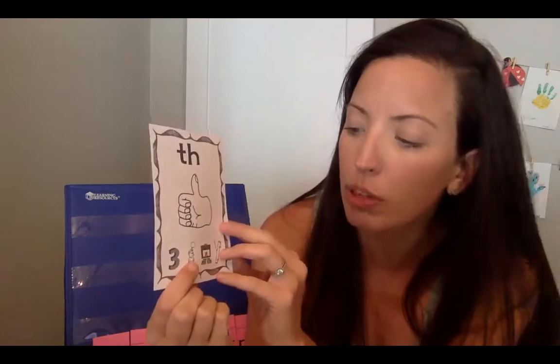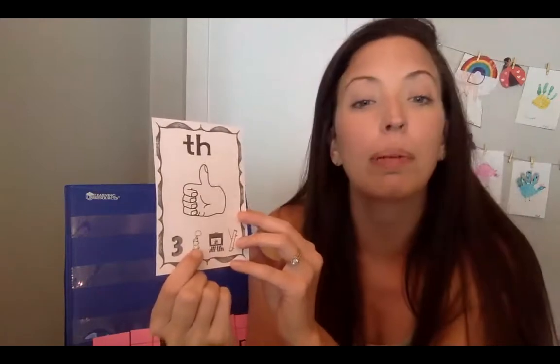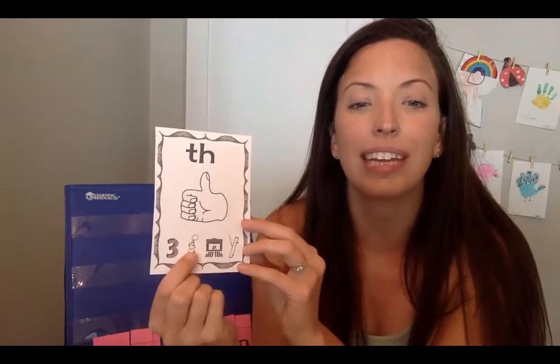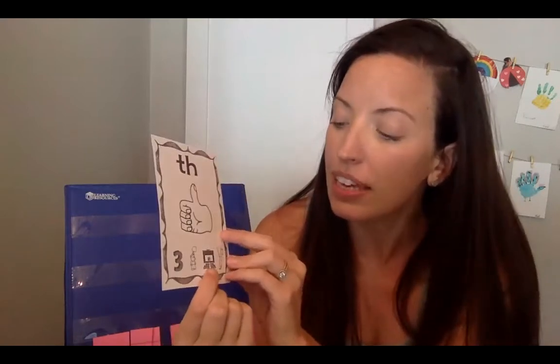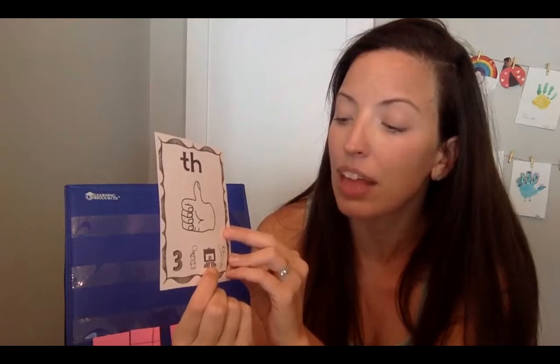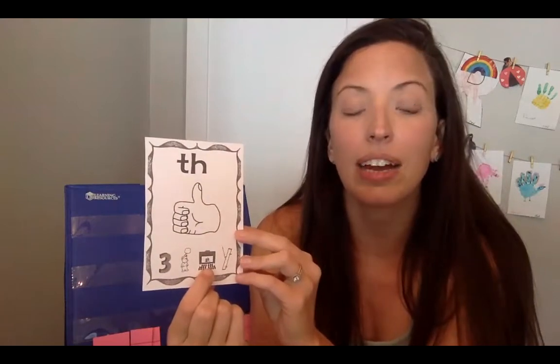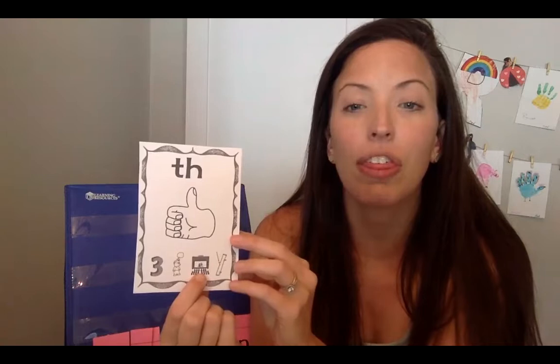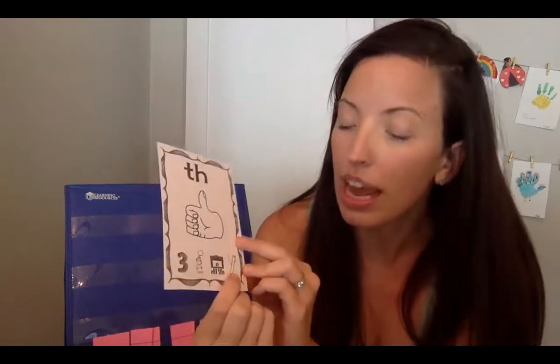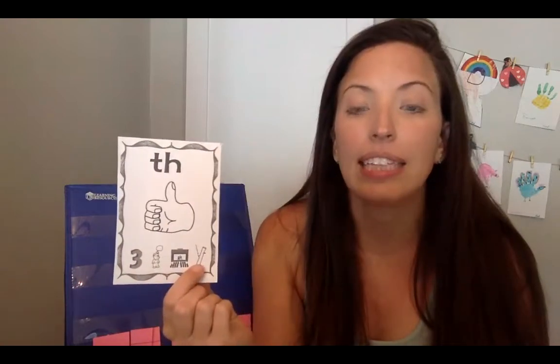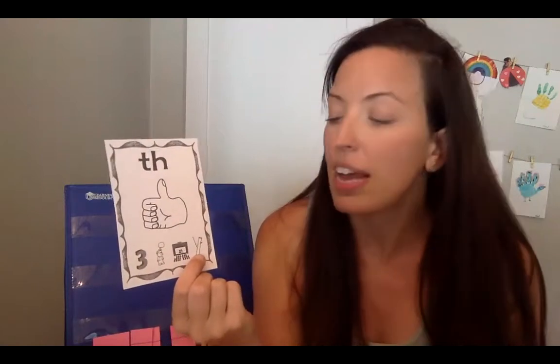Then here there's a little picture of a boy with a think bubble above his head. Thinking. Think also starts with the TH. And here we have a theater, a movie theater, and theater starts with TH. And we have a stem of a flower, and it has a thorn on it. Thorn starts with that TH digraph.